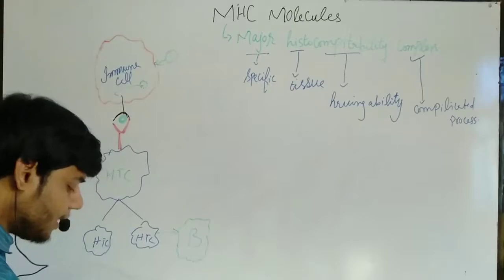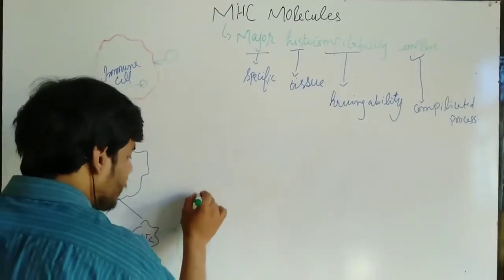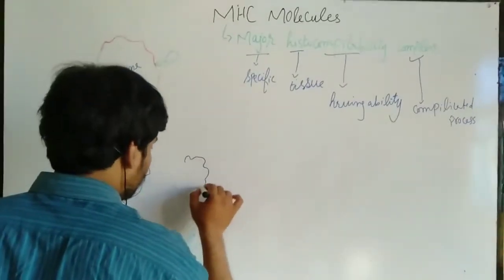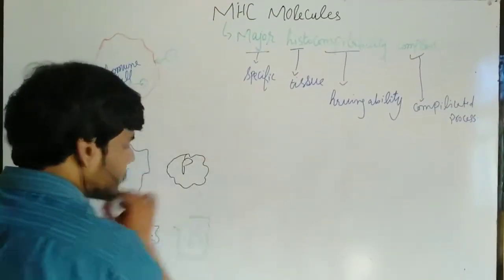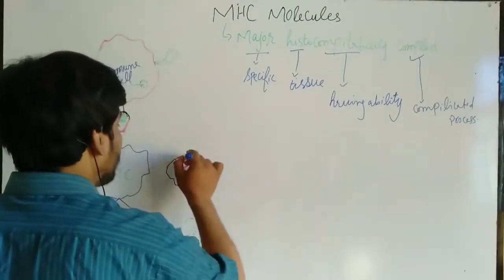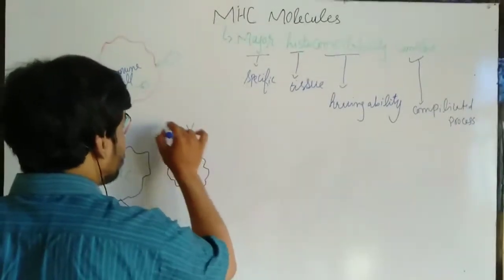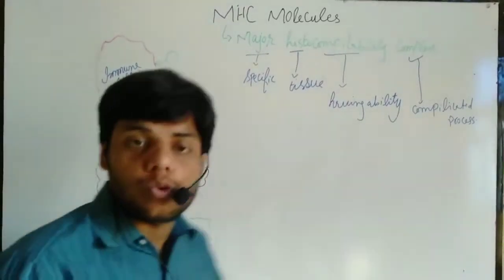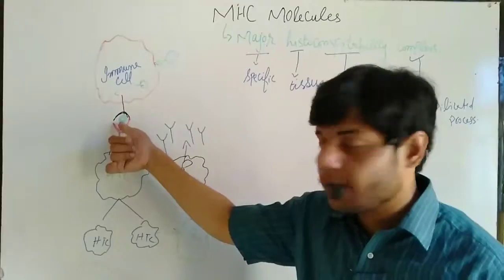After that, the B cell is converted into a plasma cell. Now let's suppose this is the plasma cell. After that, this plasma cell produces a special kind of antibody which is specific to this kind of antigen.